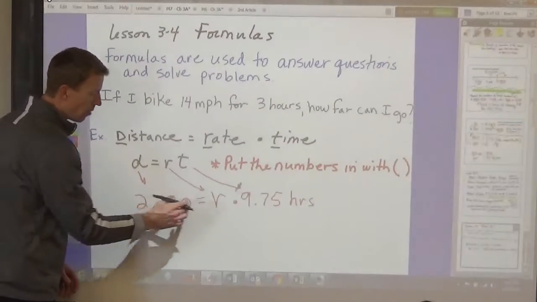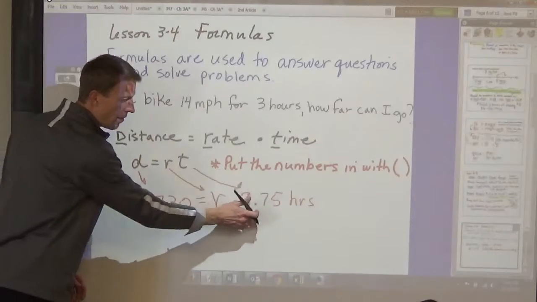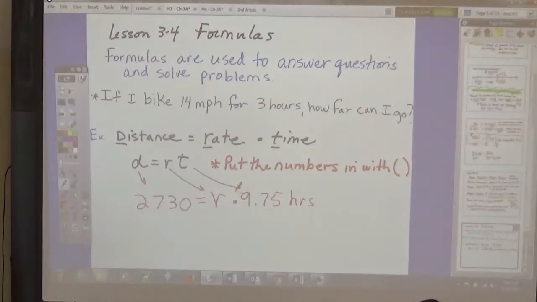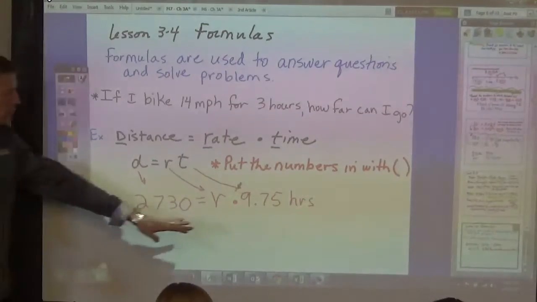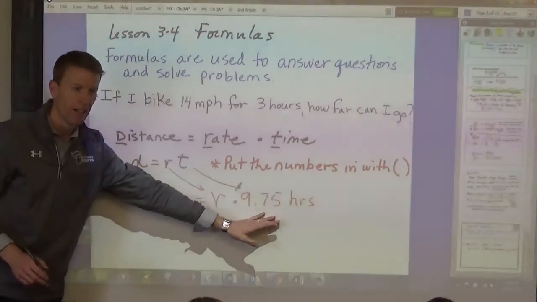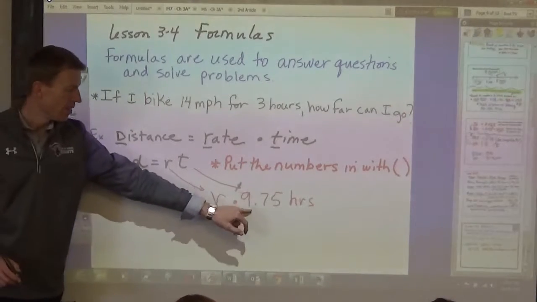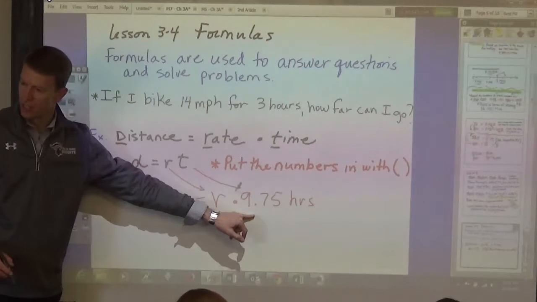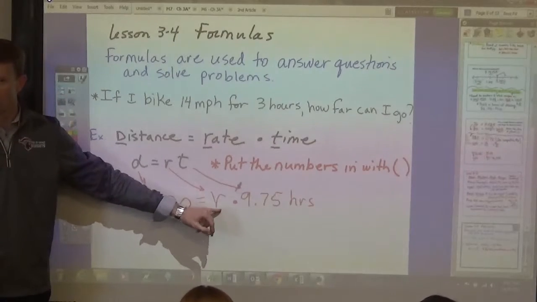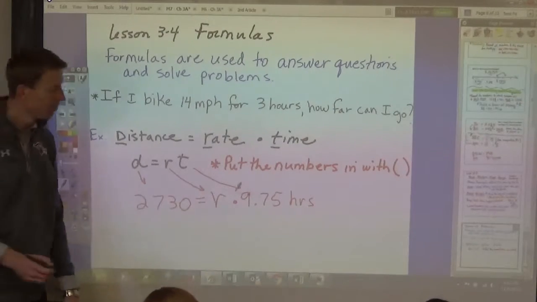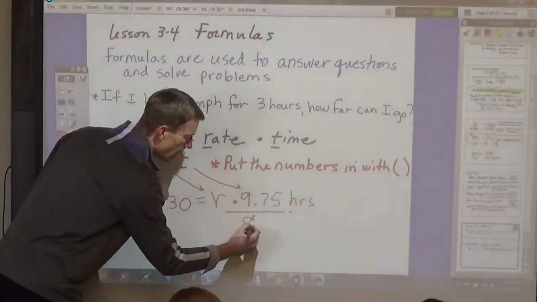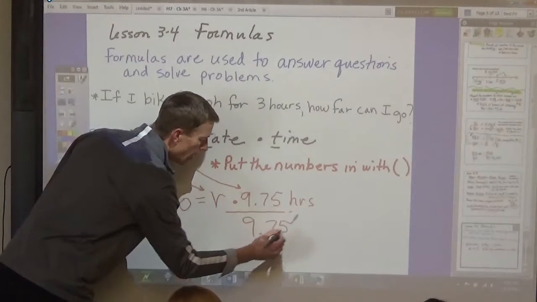Or if you know the rate and the distance, you can find the time by solving it as an equation. This is a multiplication equation. And so if you divide both sides by the coefficient of the variable, remember when we did that? Divide both sides by 9.75.